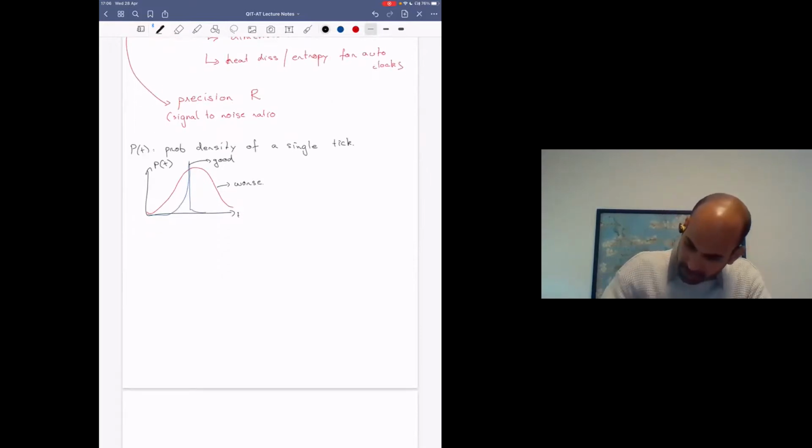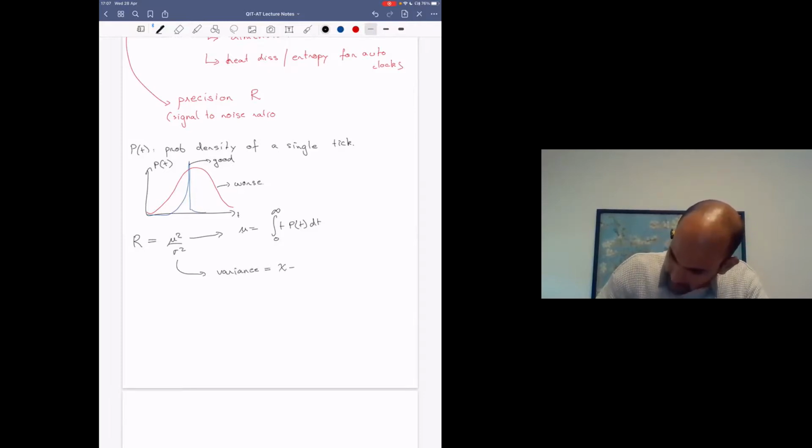And so the way we do it is via looking at this precision R, and R is the following: mu squared over sigma squared, where mu is the first moment, the integral of t P of t dt from 0 to infinity, and sigma squared is the variance, equal to chi minus mu squared, where chi is the second moment, the integral of t squared P of t dt from 0 to infinity.